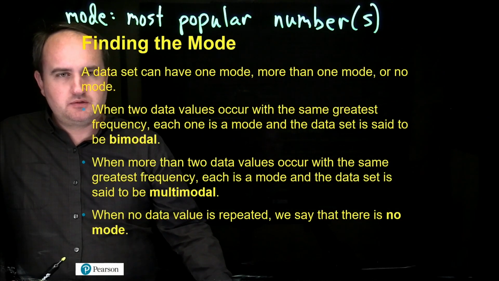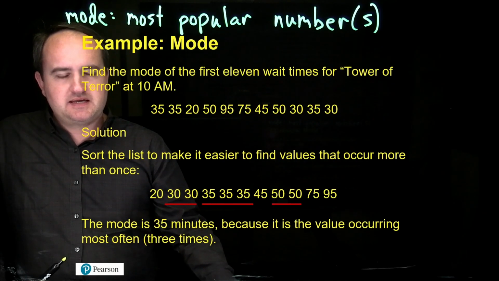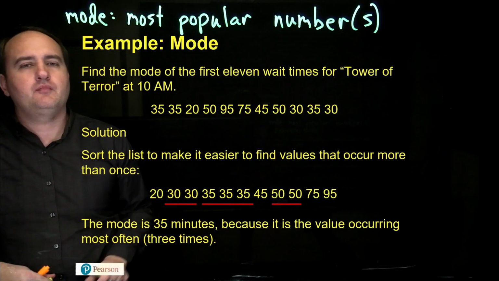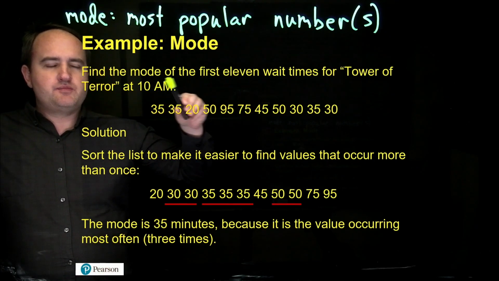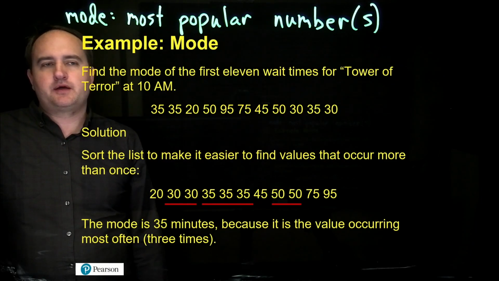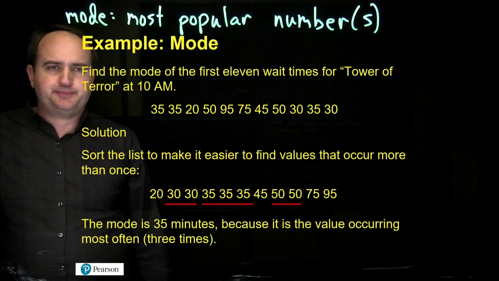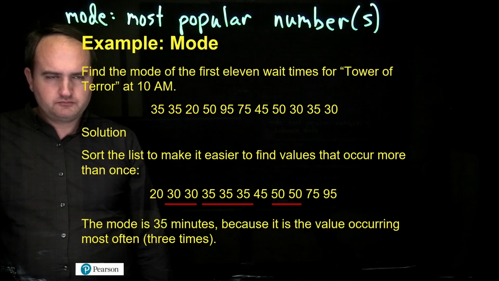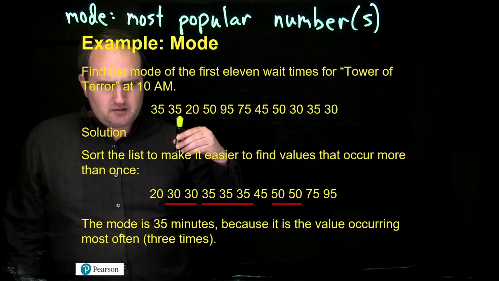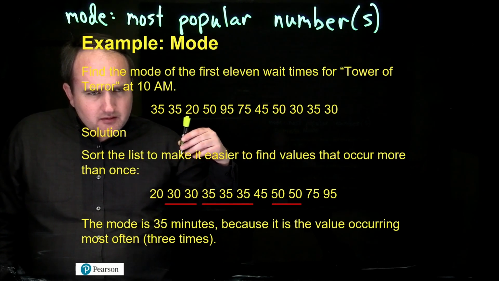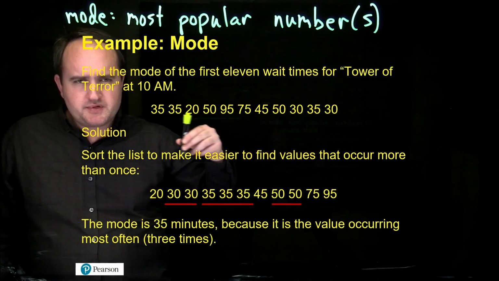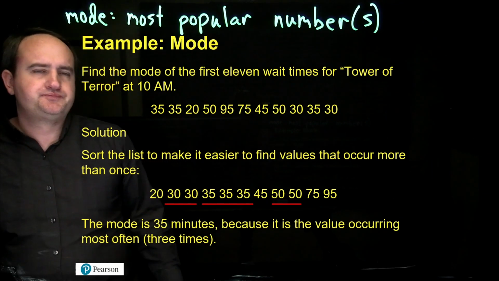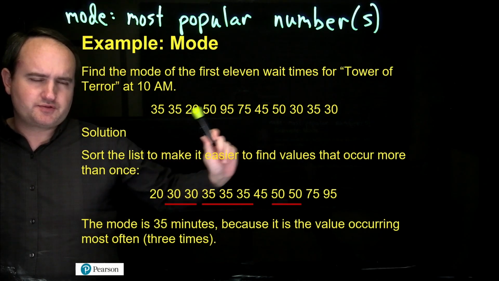Okay, so let's jump into an example or 2, so you can see what I mean. Example on the mode: find the mode of the sample data values, so 11 wait times. I want to say these are different numbers than when we worked on the last example, but these are still taken from the book.